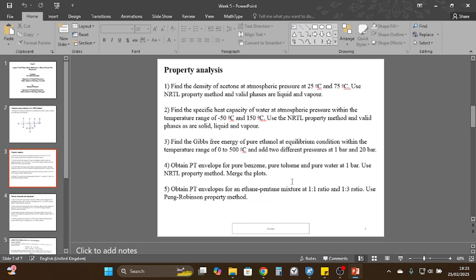Now over here, there are two problems. I think we have done these problems previously also. So we have to find out the pressure temperature envelope for pure benzene, pure toluene and pure water at 1 bar pressure, and we have to use the NRTL property method, and then we have to merge the plots. So try this problem on your own.